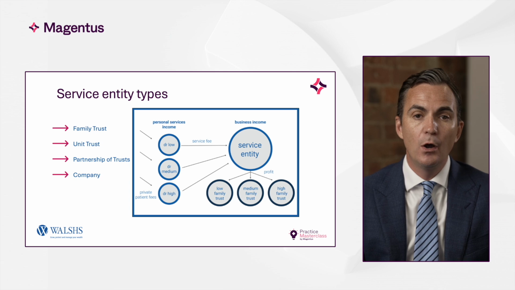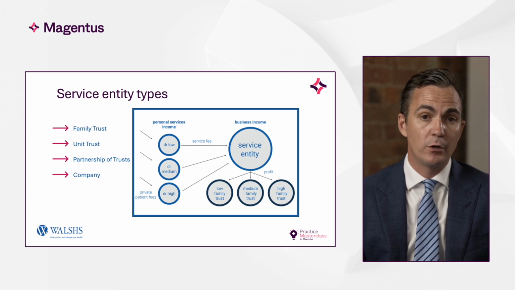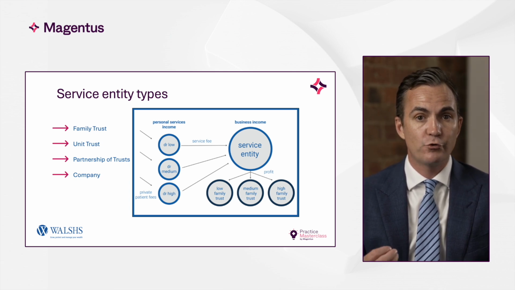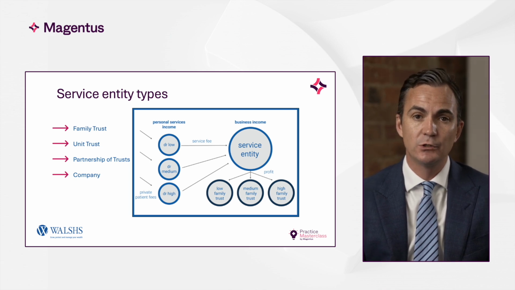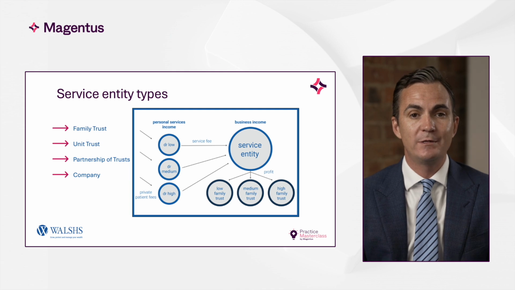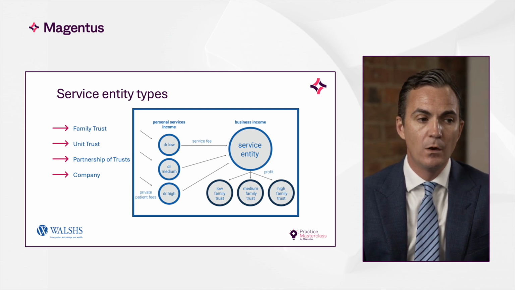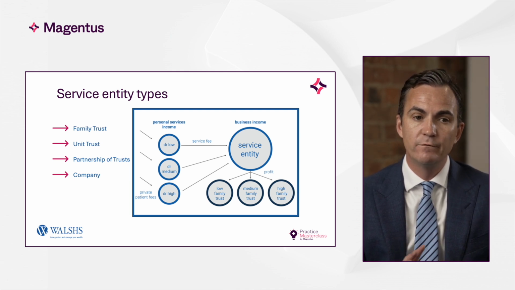In a scenario where we have a spouse who is on a lower tax rate, we're able to stream that income out to that spouse or adult children and get access to lower tax rates. Because we know as a doctor, it's likely going to be taxed at 47%. So this is a very common structure for a group of multi-practitioner doctors.